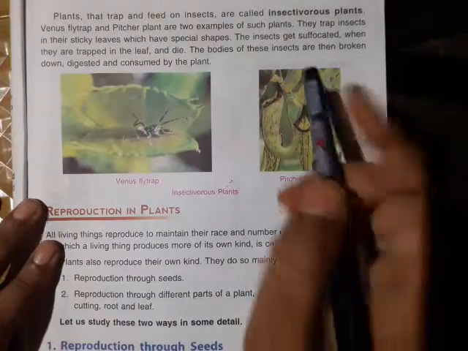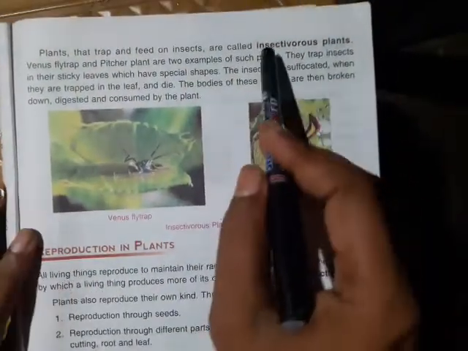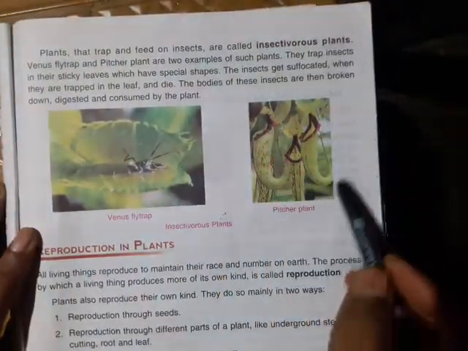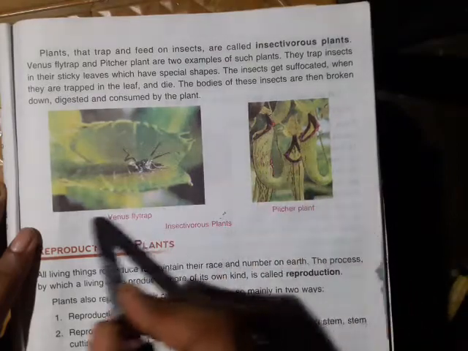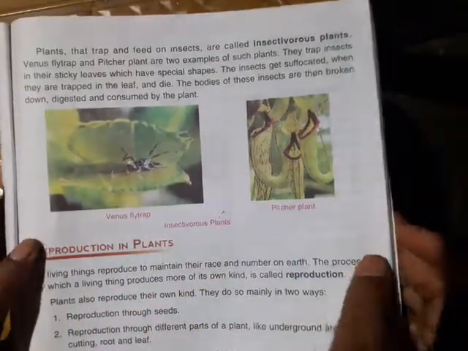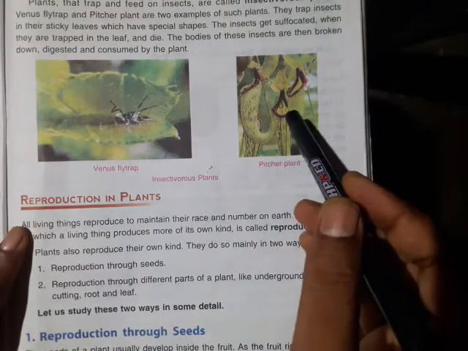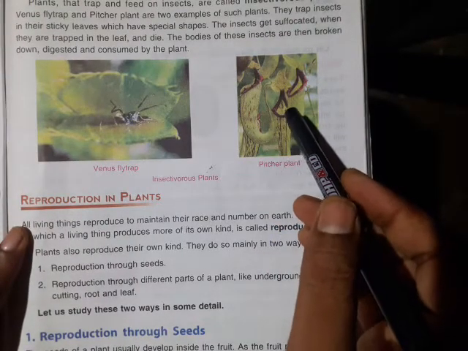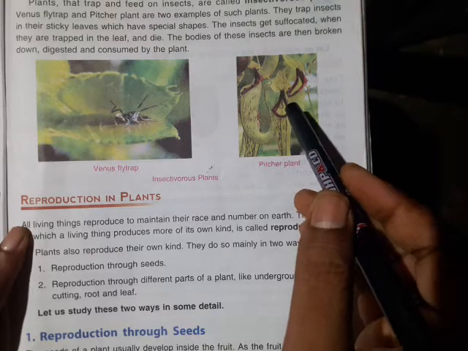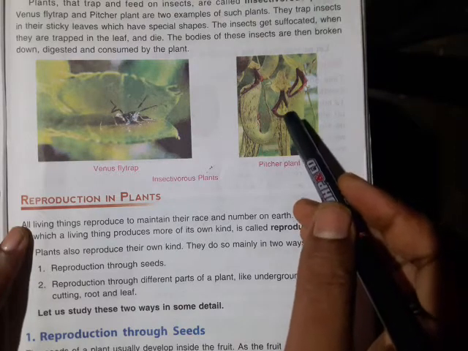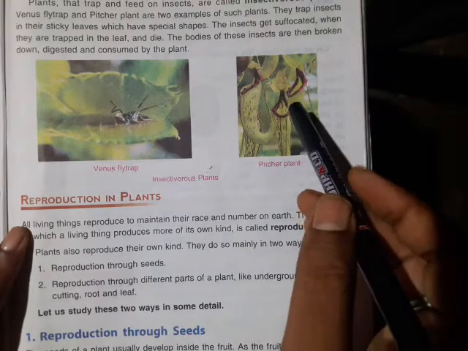Now insectivorous plants. Here try to understand. Here you are observing pitcher plant, Venus flytrap. In this case, you will observe that some insects get trapped. How is this pitcher plant trapping them?